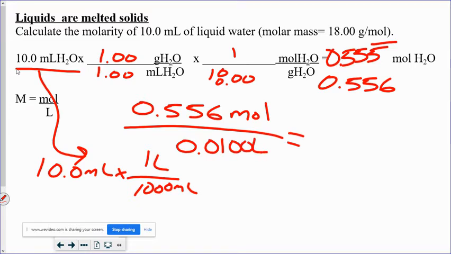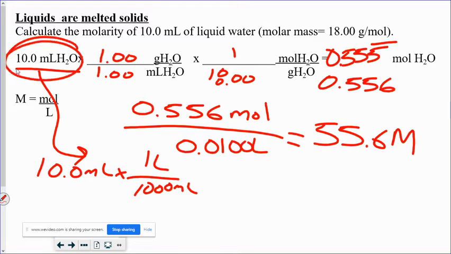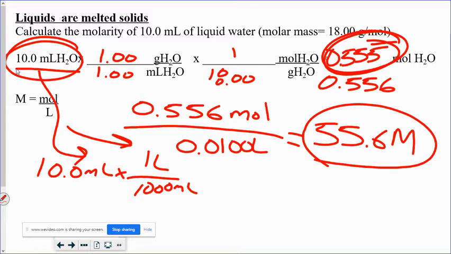We do that math, we get 55.6 molar. So you can keep changing this volume. That's going to keep changing your moles. And then when you do the math, that number changes, and we're always going to get this for water. Okay, so that's just how it works.